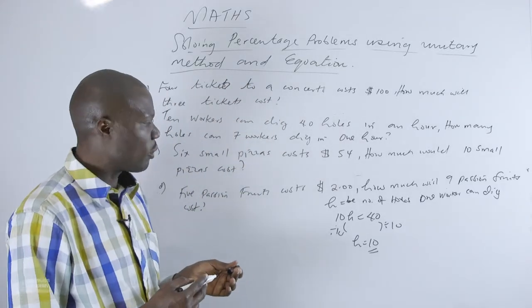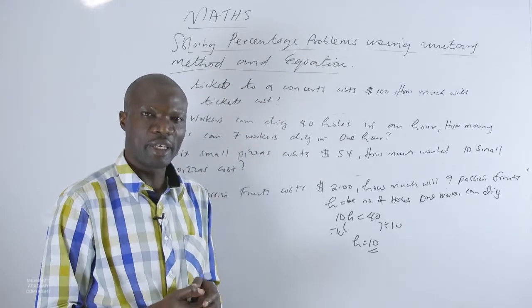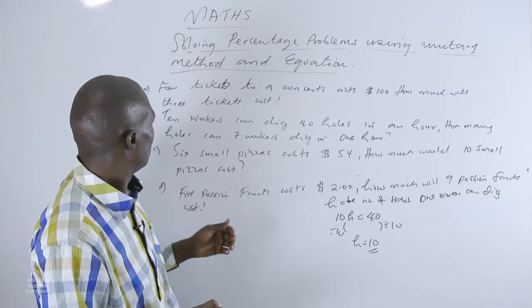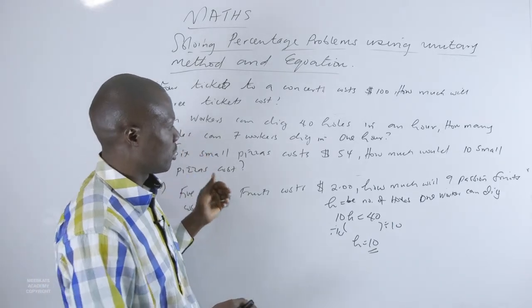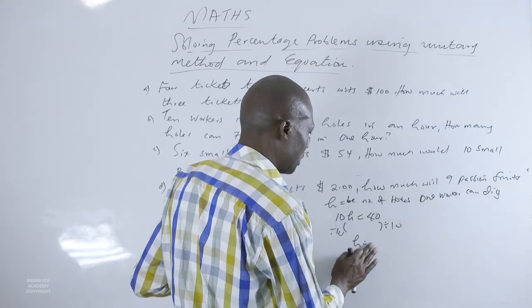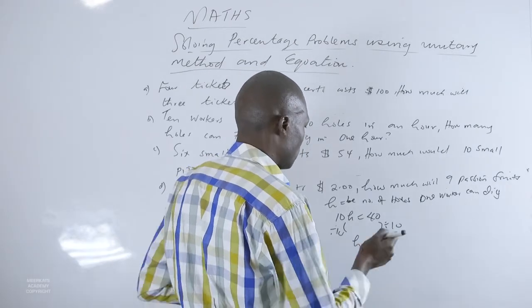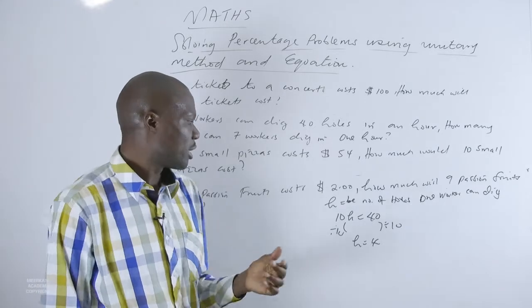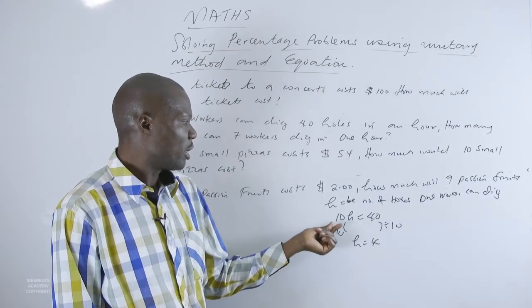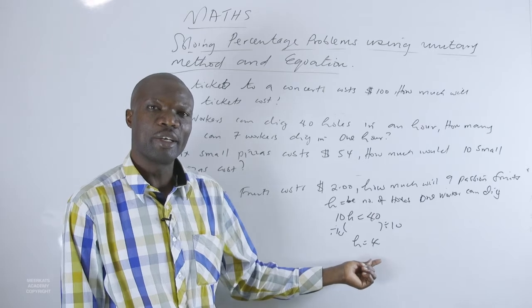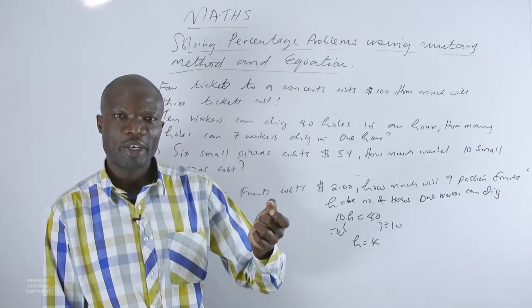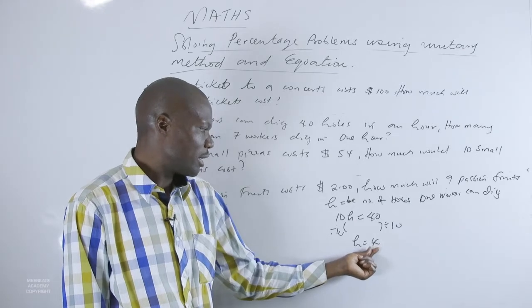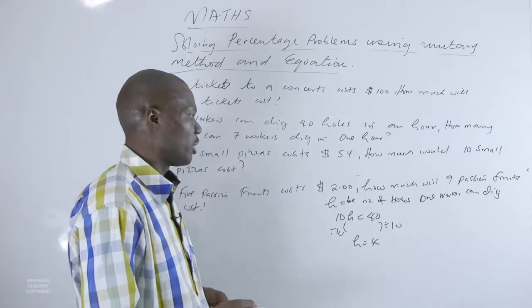It means 1 worker can dig 4 holes, because 10 workers will dig 40 holes. So 1 worker can dig 4 holes in 1 hour.